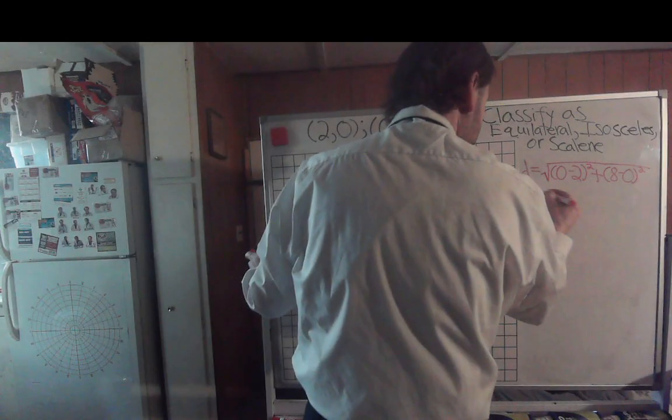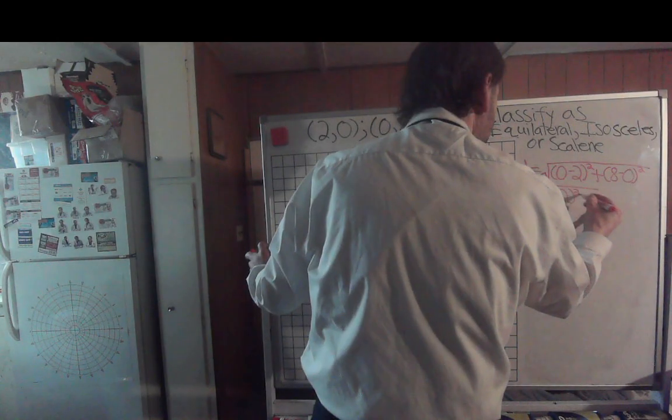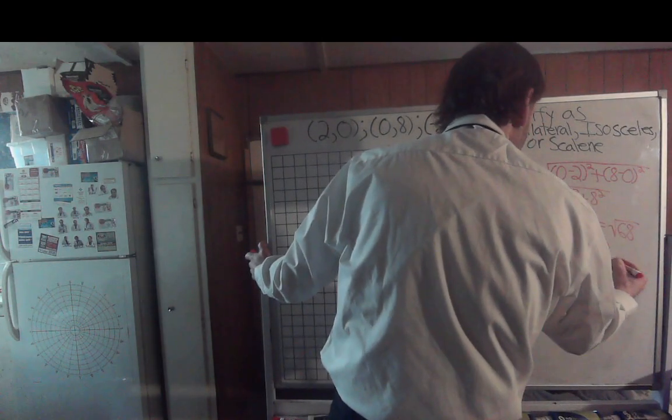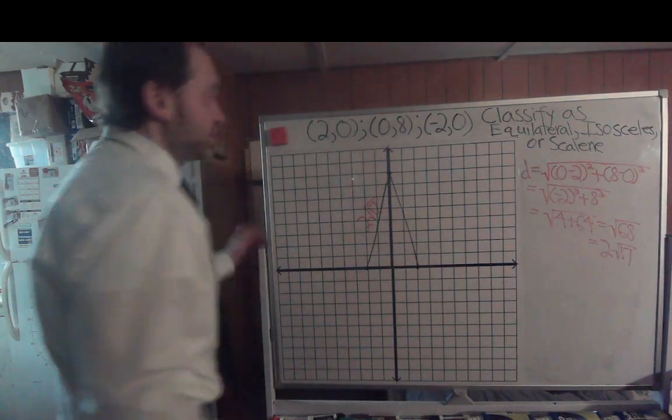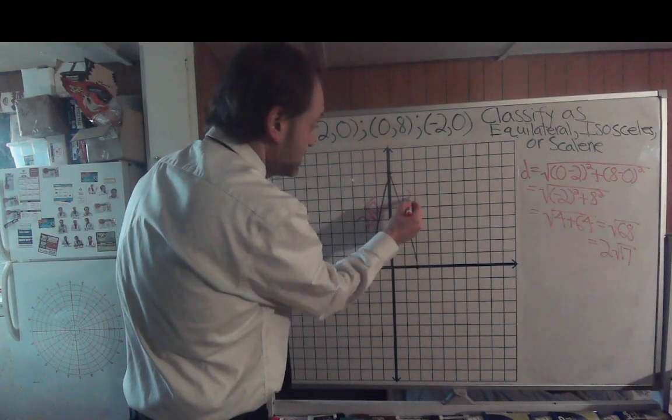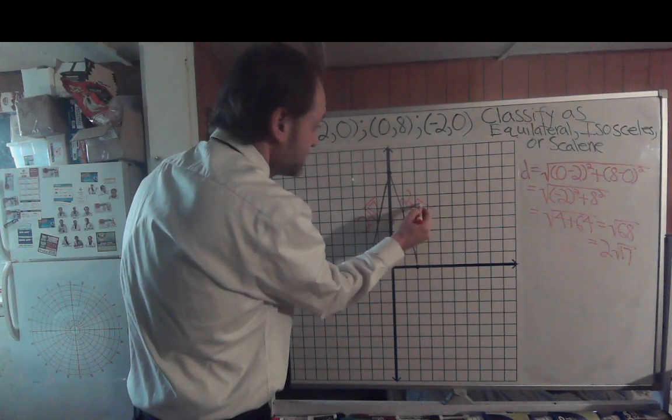So that's going to give you the square root of negative 2 squared plus 8 squared, which would give you the square root of 4 plus 64, which would equal the square root of 68, which again breaks down into 2 times the square root of 17. So between 2, 0 and 0, 8, the distance also happens to be 2 times the square root of 17.